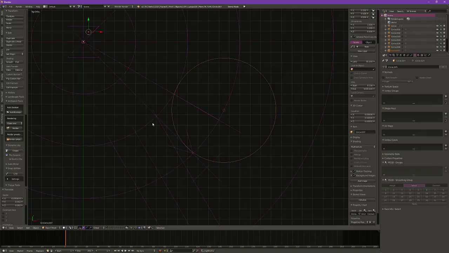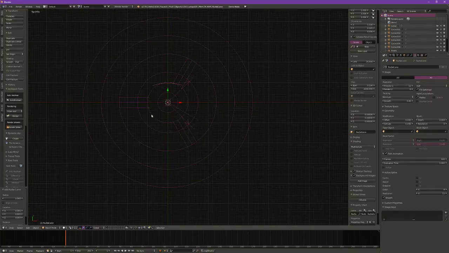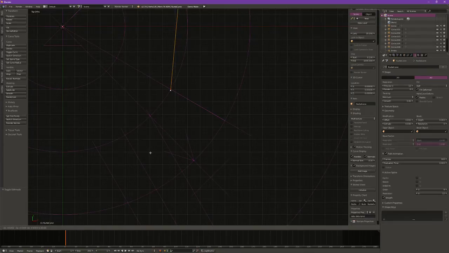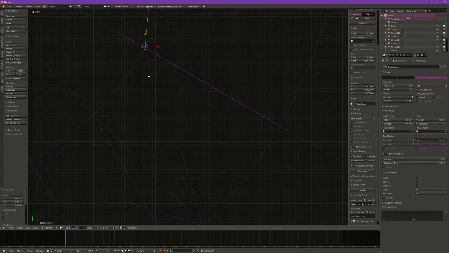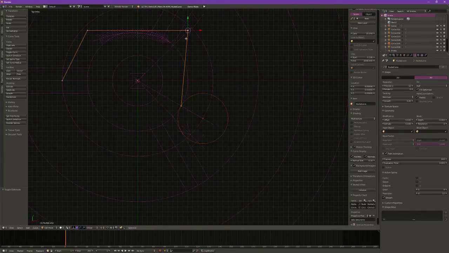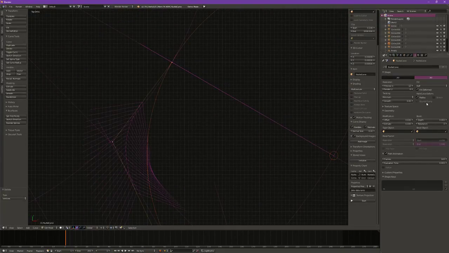What if I just had a curve? I can do curves. What?